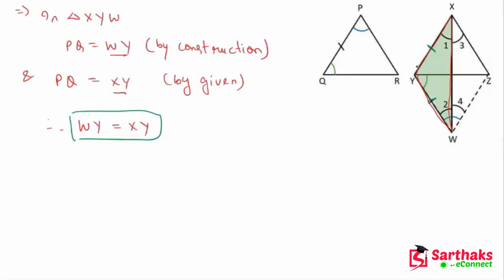Okay, and here we can say angle 1 is equal to angle 2, because by what? By the theorem, angles opposite to equal sides are equal.